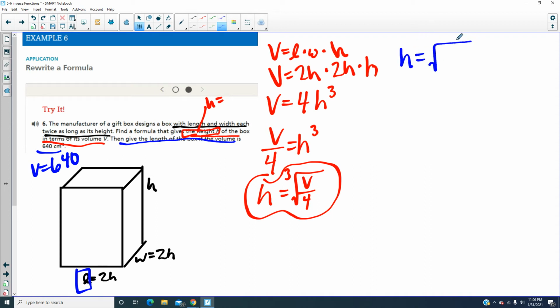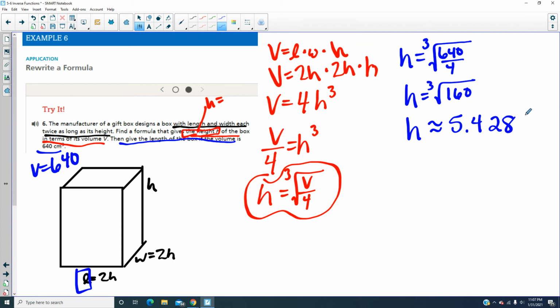So the height is the cubed root of 640 divided by 4, which would be the cubed root of 160, which is approximately 5.4288.